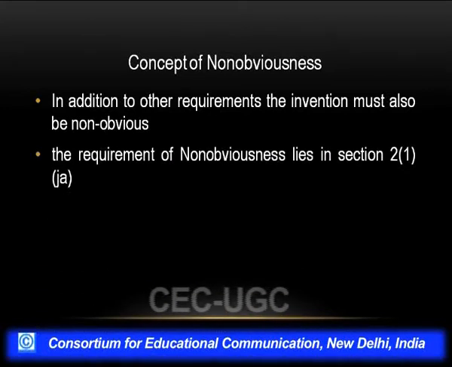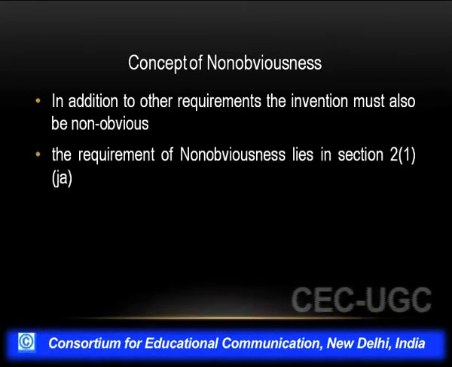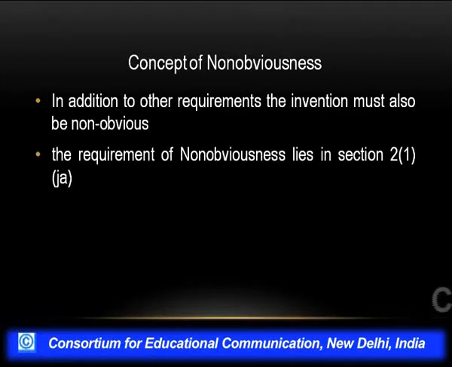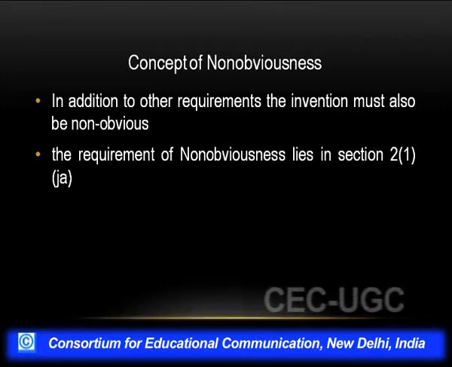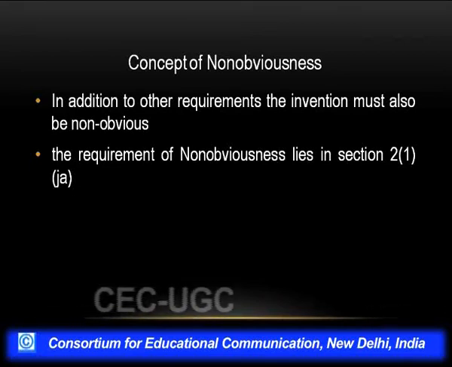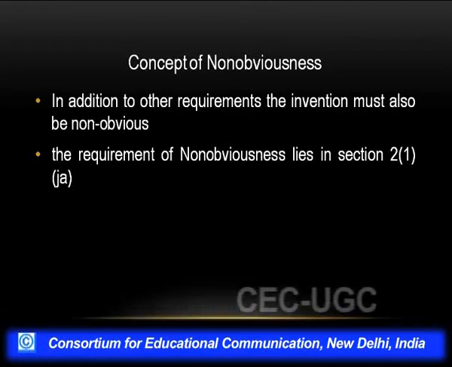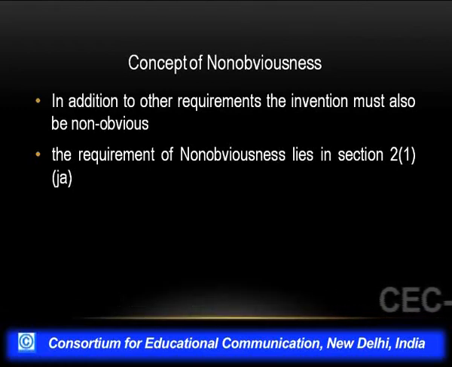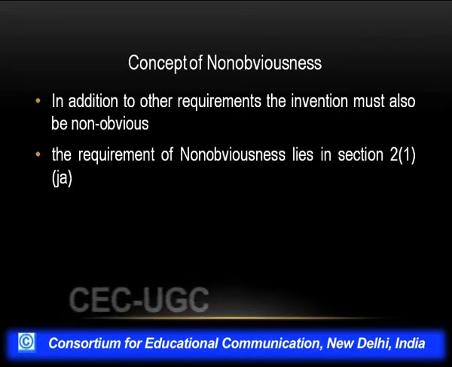Another thing to understand about the concept of non-obviousness: this requirement lies under section 2(1)(ja) of the Patents Act 1970. Friends, section 2(1)(ja) is a very beautifully worded provision comprising some elements to be proved and established for proving non-obviousness.